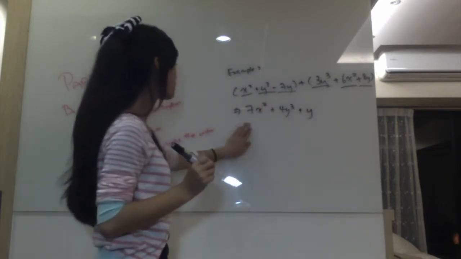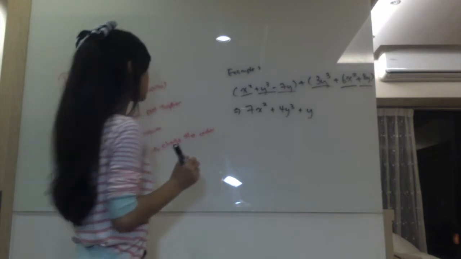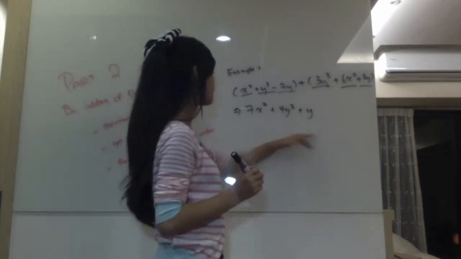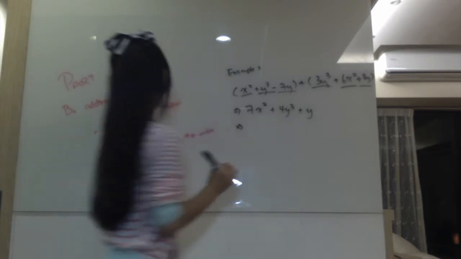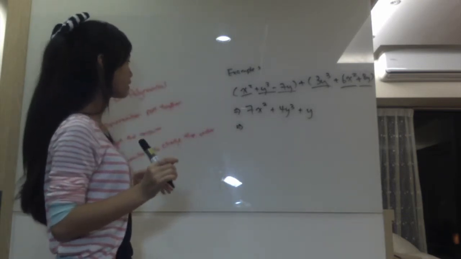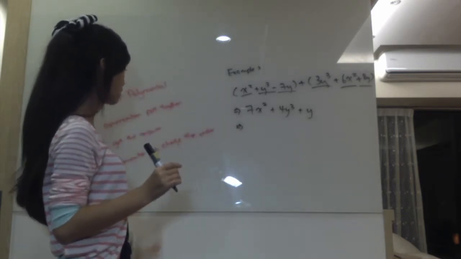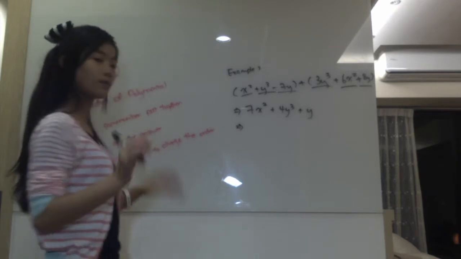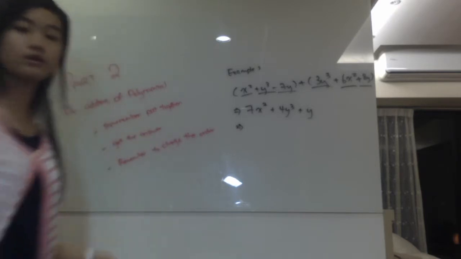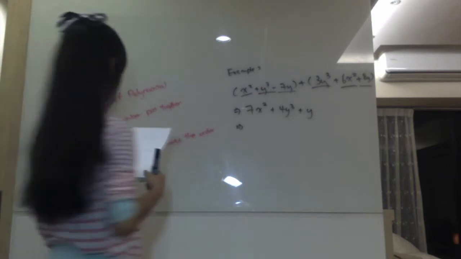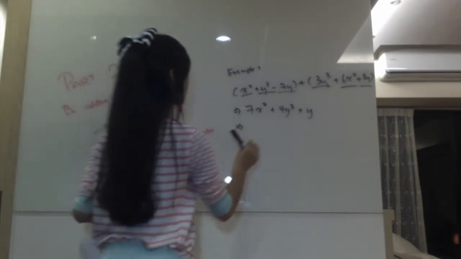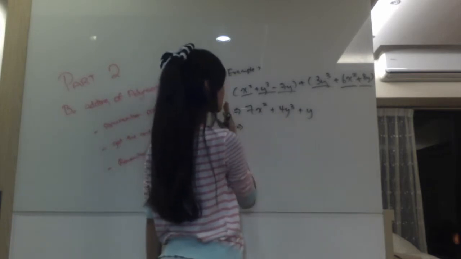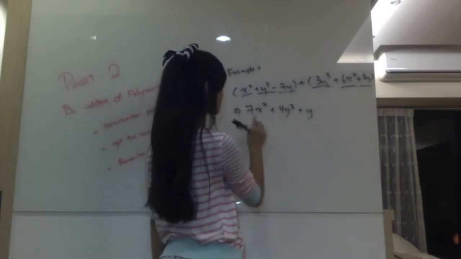Okay. When we get the answer of it, we need to change the order. How to change it, I talked about before. Use standard form to change it, from the biggest degree to the smallest.